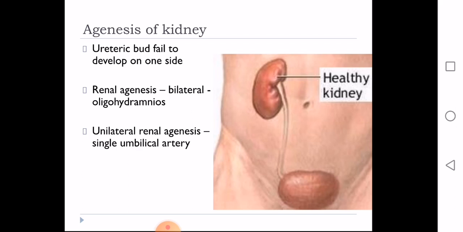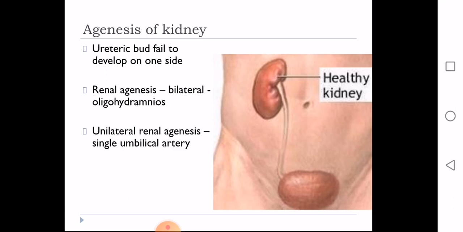Without the ureteric bud, the metanephric tissue will not become the metanephric blastema. And only if the metanephric blastema forms, the ureteric bud can start developing into all its branches. Reciprocal induction.